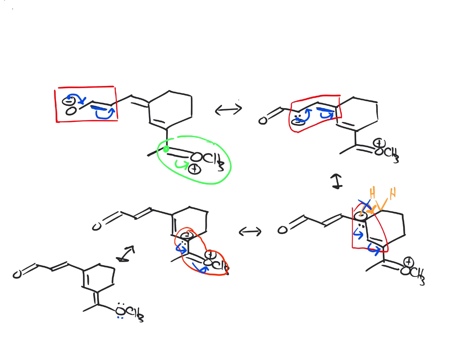Yep. So which one's more stable? The last one? Yes, the last one by a landslide is more stable because there are no charges, so we've minimized charges. So this would be the most stable, or the major contributor, however you want to say it.